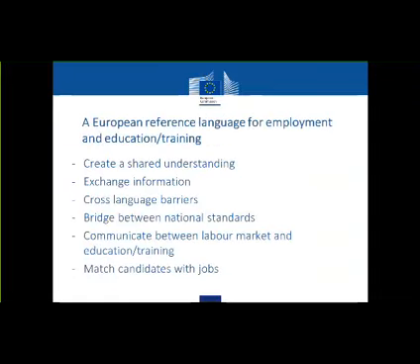And why we developed ESCO is because we need, for the European labor market, for employment, but also for the education and training side, a kind of reference language, a reference vocabulary, in order to create a shared understanding between the actors on the labor market, but also in the education and training world, so that we are able to exchange information. And in the European Union, this also means exchanging information across language barriers.